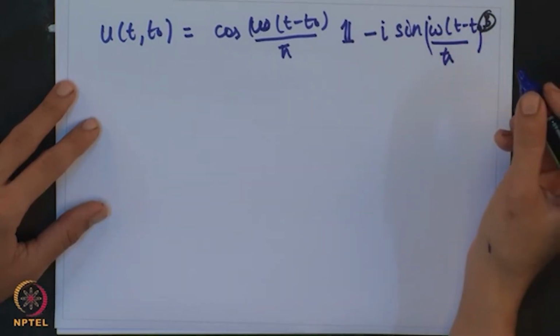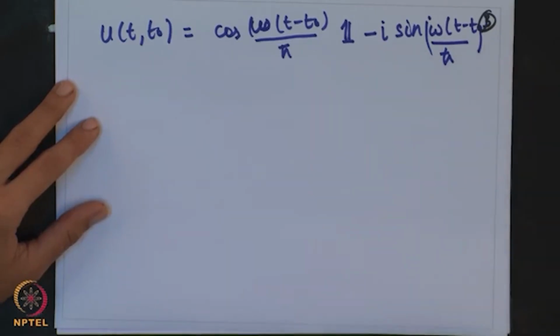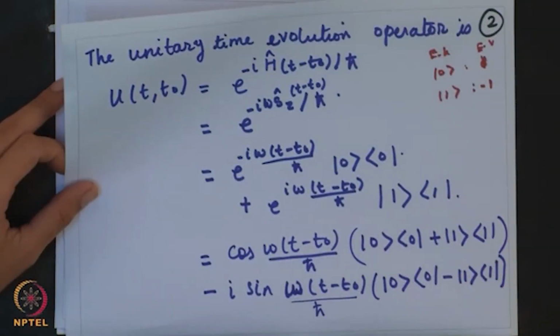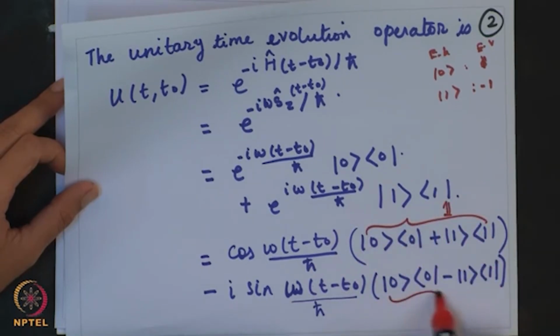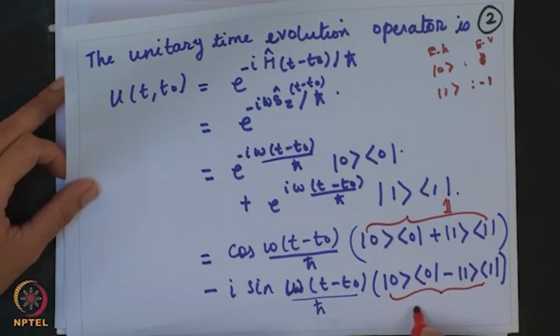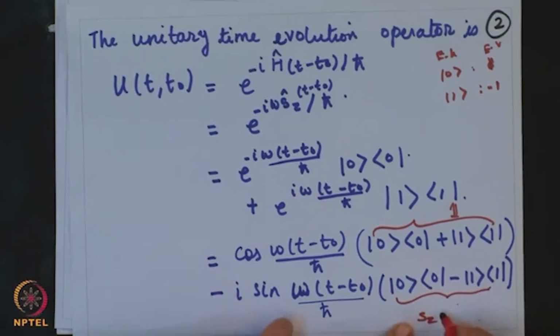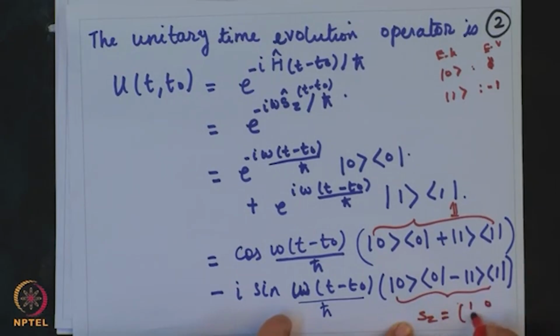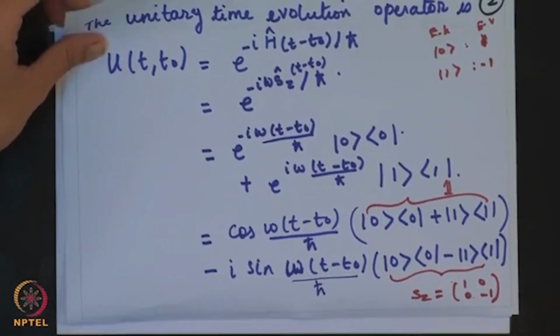This is what we obtain in terms of this term. This would denote the identity operator, the top one. However, this would denote Sz. In the Sz basis, I will have 1 and minus 1. Sz you know is 1 0 0 minus 1. So, in terms of the eigenbasis of Sz, you obtain Sz.